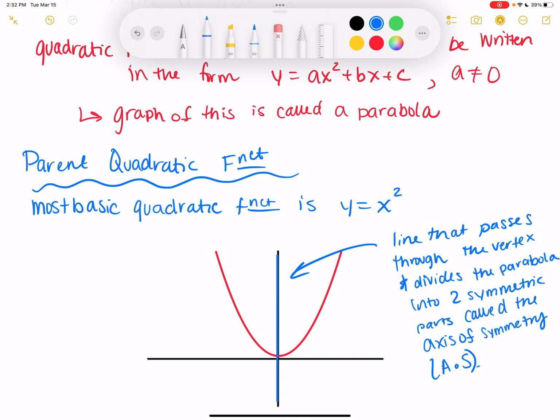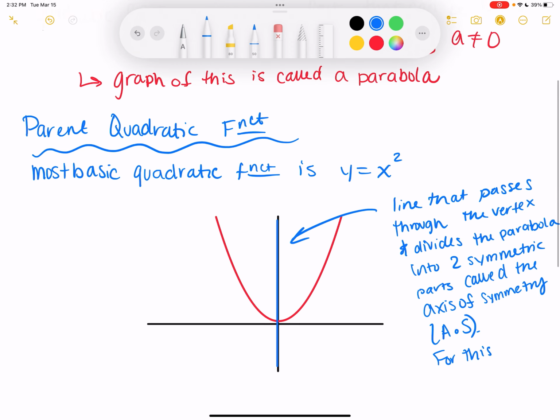For this graph, it is at x is equal to 0.